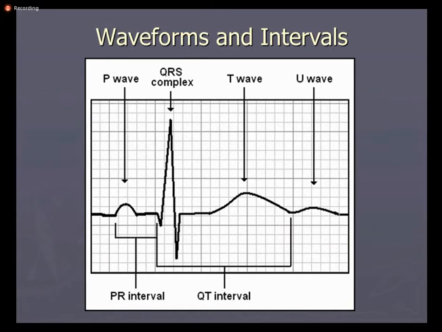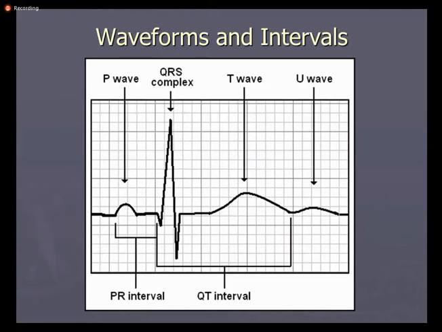When the electrical activity stops or is delayed at the AV node, you can see the PR interval. When the ventricles depolarize, the QRS complex is formed. And when the ventricles repolarize, the T wave is formed.